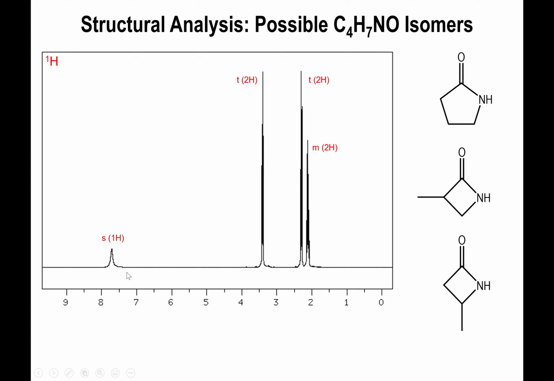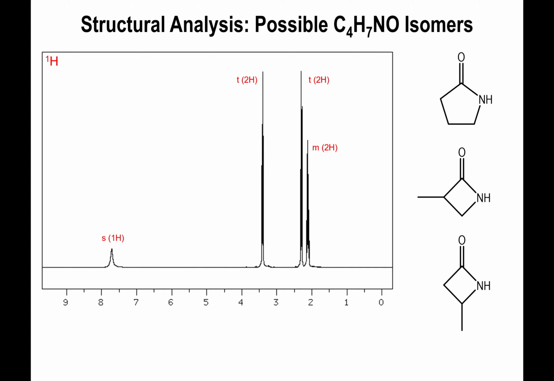Now here I want to make a point. The fact that this falls between 7 and 8 may make you think that you have an aromatic compound. But there's 2 things that will tell you that this can't really be an aromatic compound.